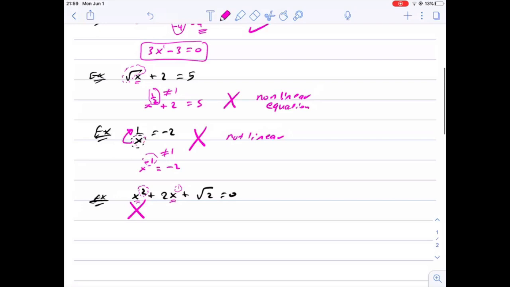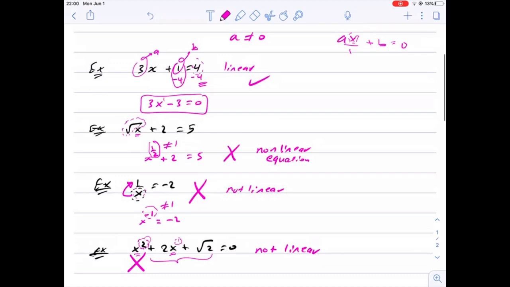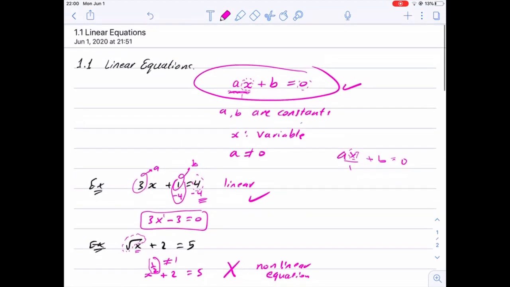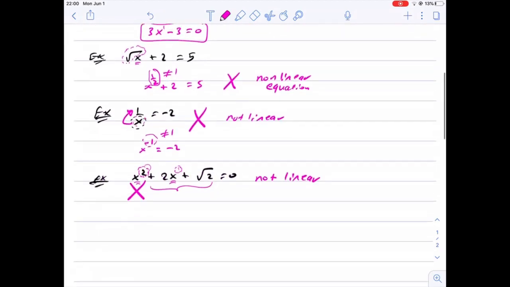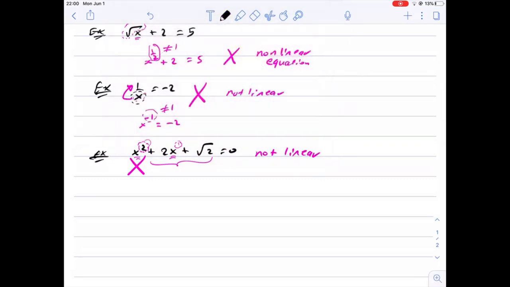And that means this is not linear, because the degree of the left-hand side is 2. I mean, we are looking for the largest power of x. So if we can write the equation in this form, ax plus b equals 0, I mean the power of x is 1, that means we have a linear equation.